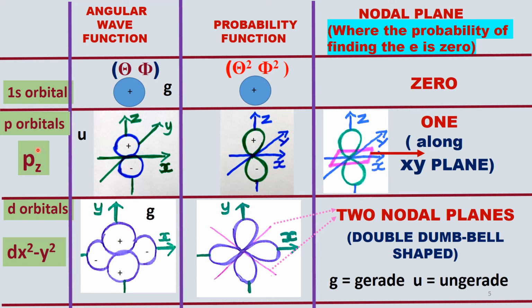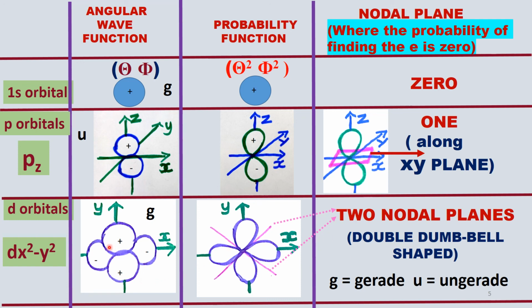Therefore, the p orbital is asymmetrical with respect to the center of inversion, so it is an UNGERADE orbital. P orbitals are UNGERADE orbitals because they do not have a center of symmetry or inversion symmetry. Here you start from here and pass through the center, plus; similarly here minus, you will end up with minus. Therefore the center of symmetry is present. In the case of d orbitals, there are centers of symmetry.